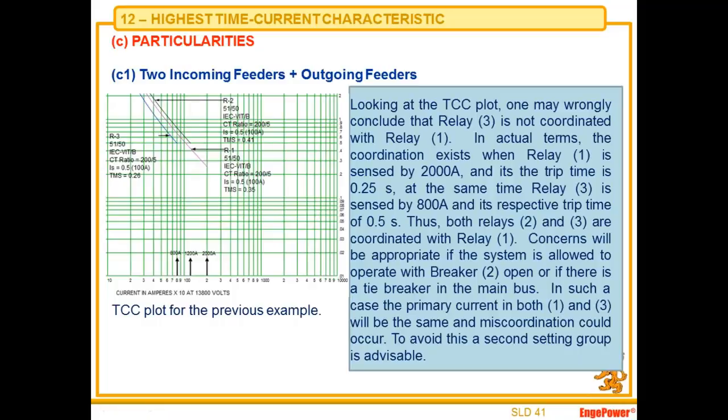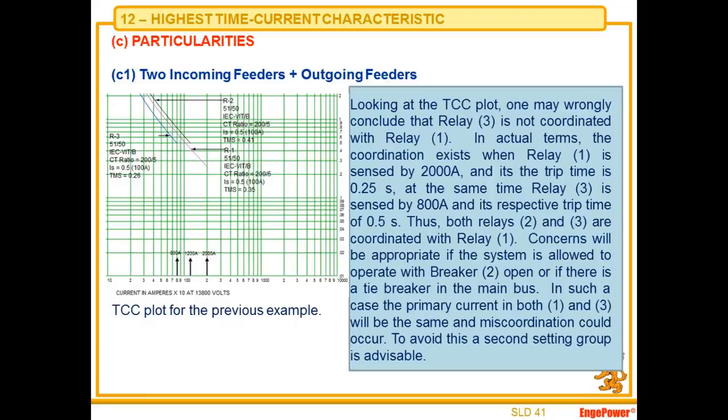The question is, I will ask you if they are selectively coordinated. If you just look at the TCC plot, you are going to say that they aren't coordinated. But I can tell you that they are coordinated because they are seeing different currents.